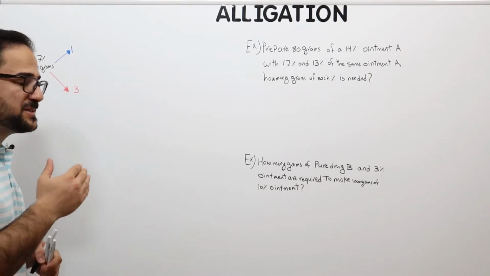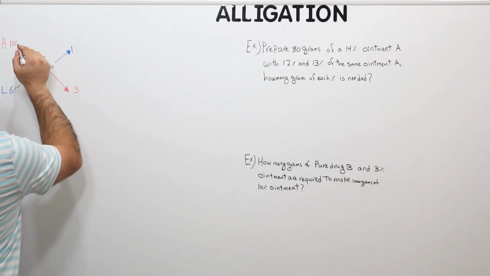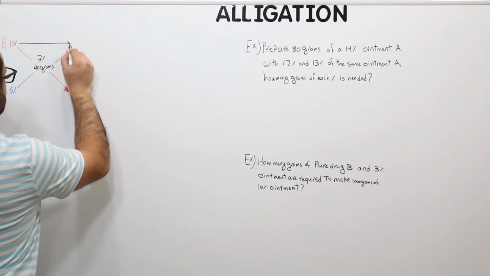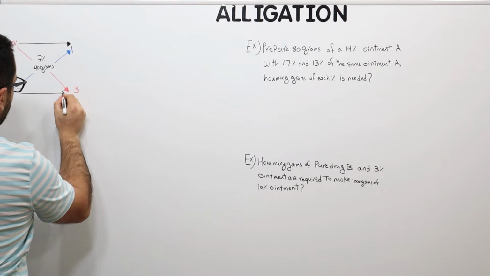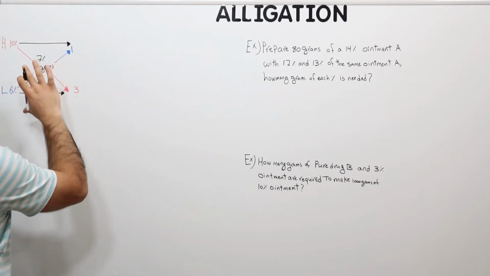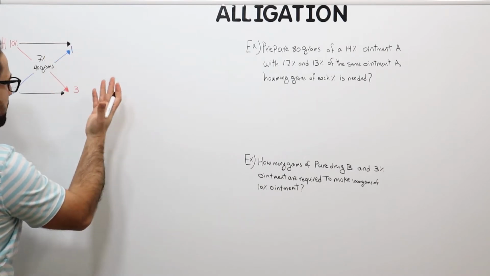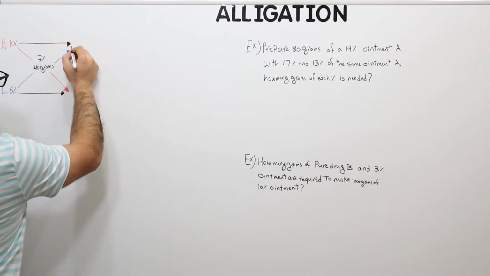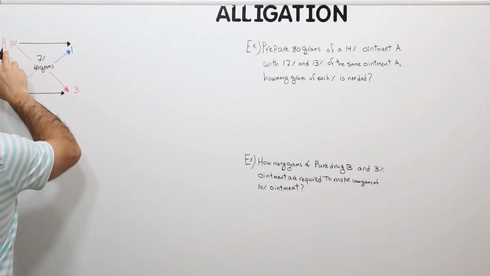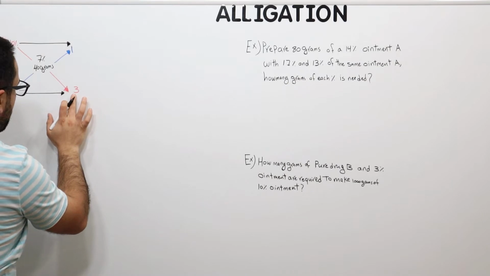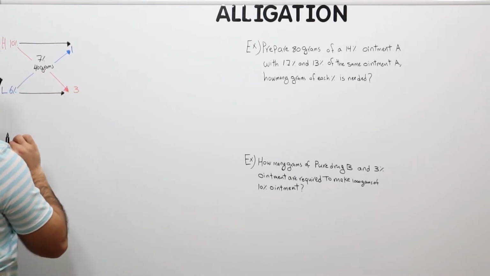The third step is placing two other lines, one on the top and one on the bottom. What do 1 and 3 represent? The 1 represents the number of parts from the higher concentration, and the 3 represents the number of parts from the lower concentration.